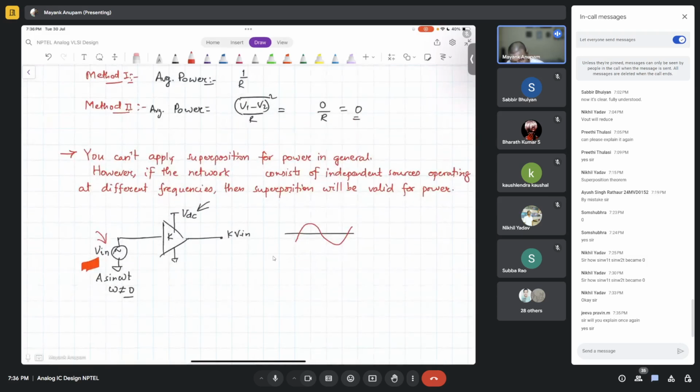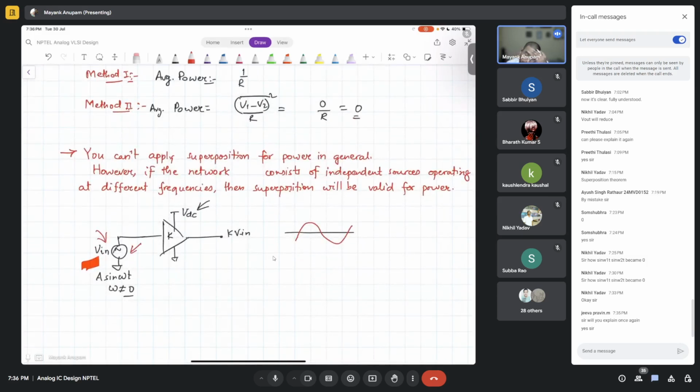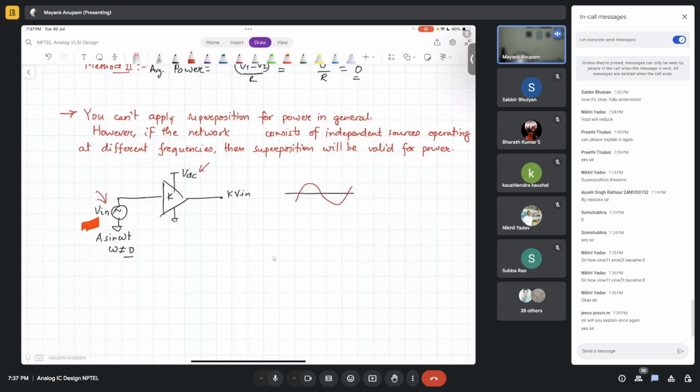The same way, if you have an input voltage here and the network is completely linear, with no non-linearity, then because of the input voltage and this DC voltage, there will be some DC power, and because of the sinusoidal input you will have some AC component.